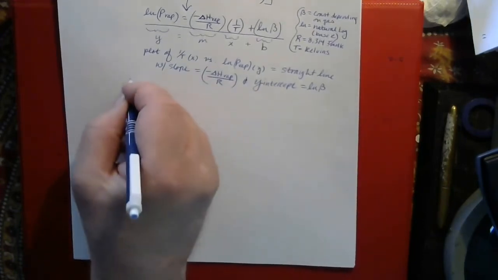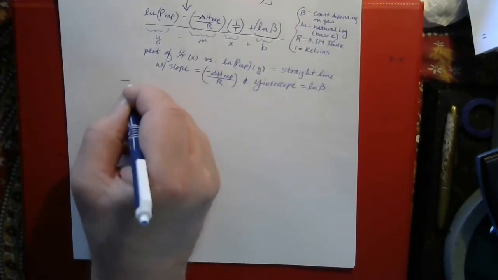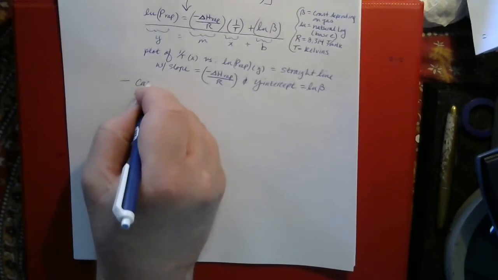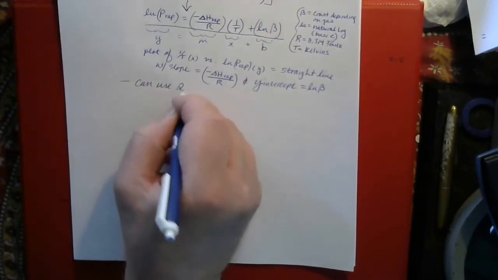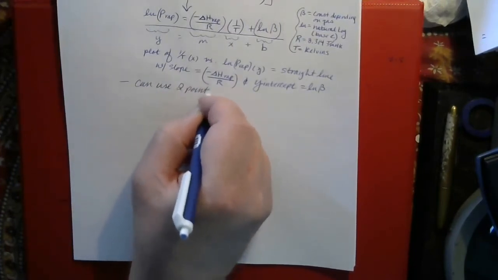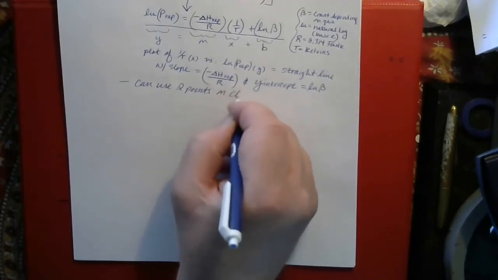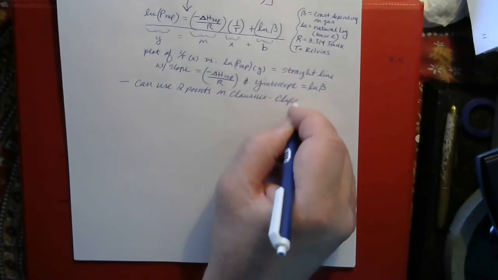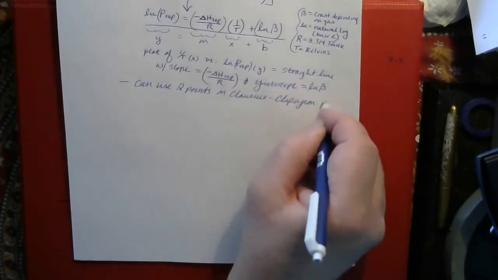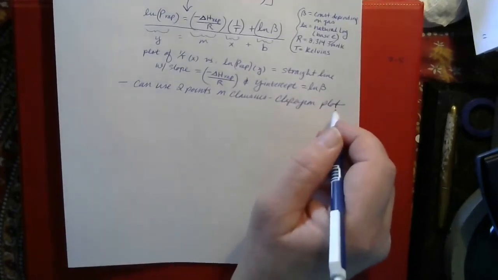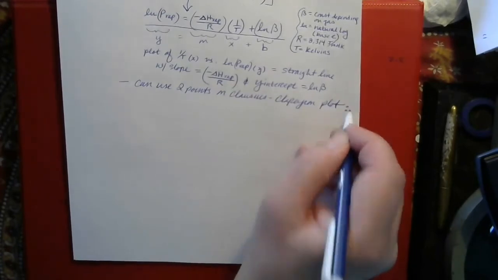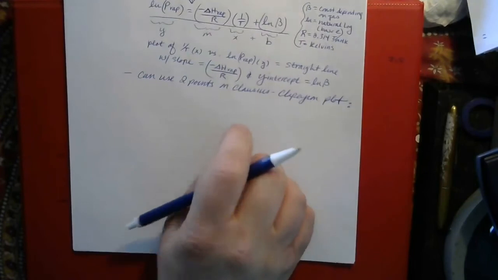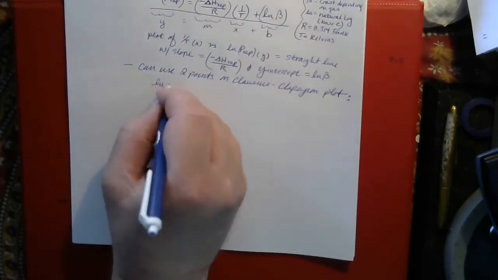You can actually also use any 2 points on a Clausius-Clapeyron plot, and you can use what's known as the 2-point version of the Clausius-Clapeyron equation.